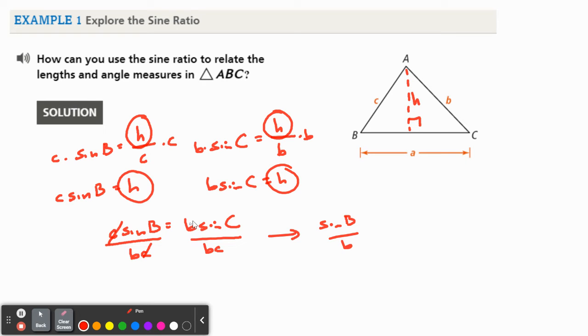Over here, the b's will cancel, and you get sine of C over c. And this is your clever law of sines: the sine of an angle over its side equals the sine of another angle over its opposite side. Sine of A over a is also a part of this, but you only need to use two at once. We could do a very similar argument to find the same thing for A.